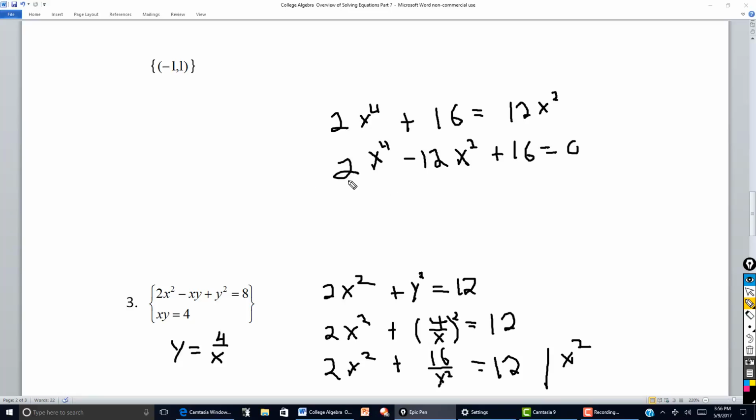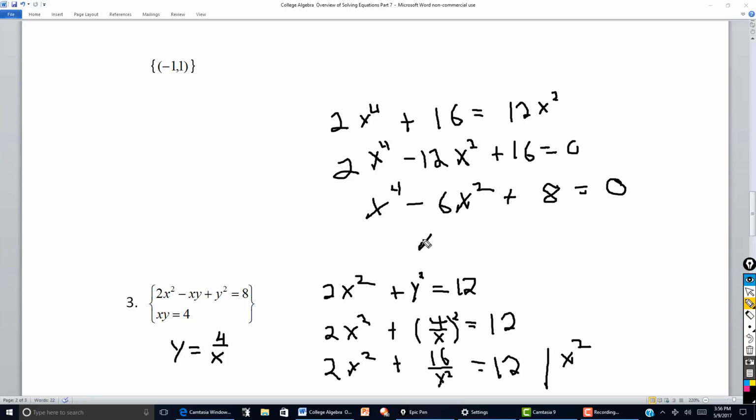And then just to make it simpler, since I can see that every term is divisible by 2, I divide through by 2. So this will be then x to the 4th, dividing that first term by 2, second term by 2 is negative 6x to the 2nd, and 16 divided by 2 is 8, equal to 0.